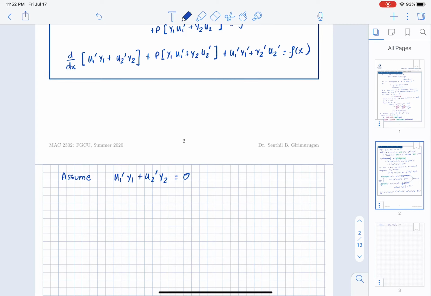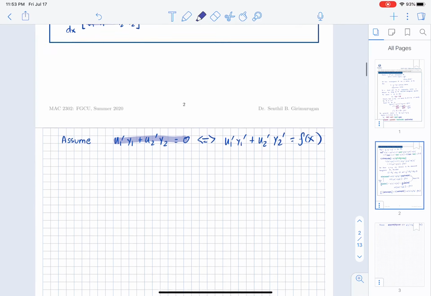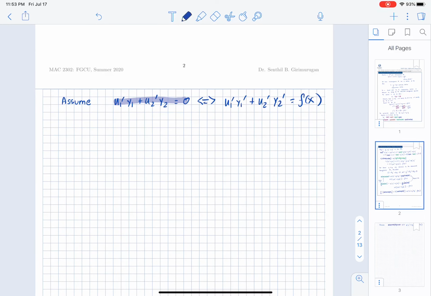Which would automatically imply u1 prime y1 prime plus u2 prime y2 prime equals f of x. So if I assume that term would go away, that term would go away because they are the same. So if my assumption holds true, then the second part would hold true also.